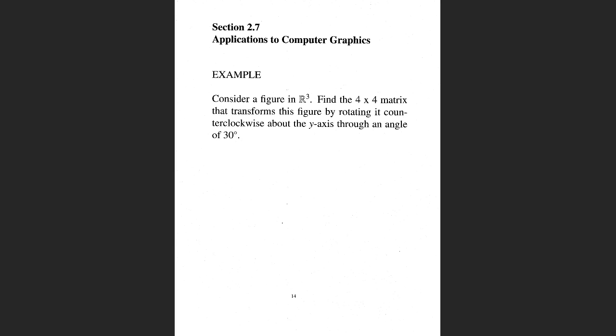Okay, so now we're going to consider a figure in three-dimensional space, and we want to find the 4x4 matrix that transforms this figure by rotating it counterclockwise about the y-axis through an angle of 30 degrees. We're just looking at one transformation here.